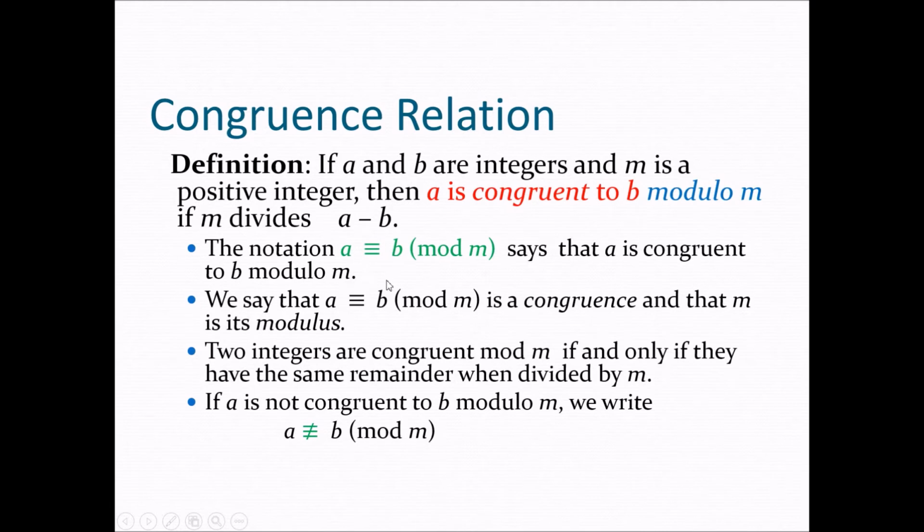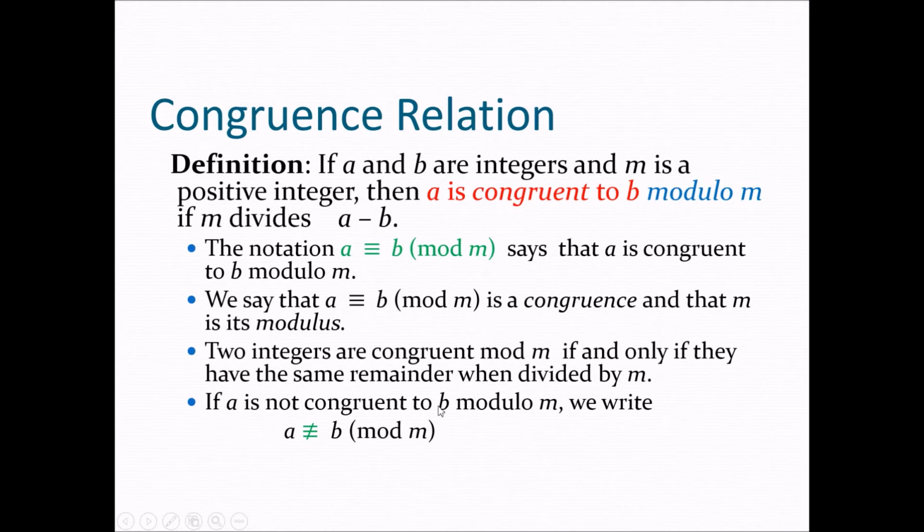Now if we divide a by m and b by m and in both cases we have the same remainder, then the division of a minus b by m will yield a remainder 0. So you must remember this result as well.